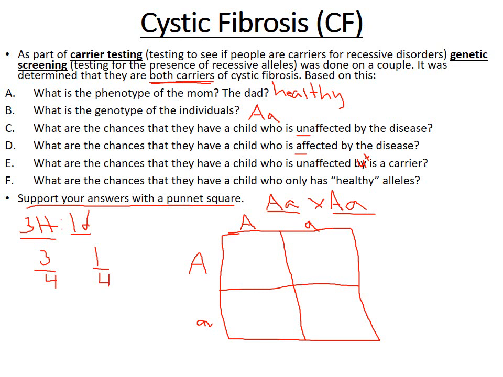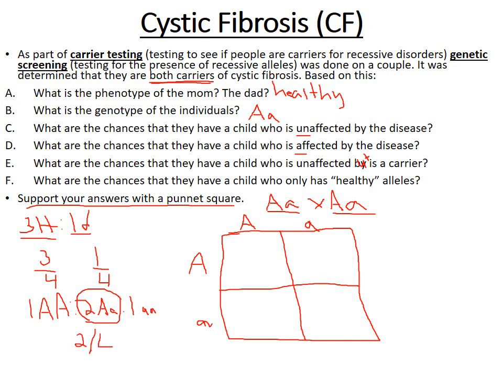For the last 2 questions, you could have also figured it out using your genotypic ratio, your 1 big A, big A for every 2 big A, little a, for every 1 little a, little a. So in E, what are the chances that we have a child who is unaffected but is a carrier? Well, if the child's a carrier, you have 2 out of 4 chances.